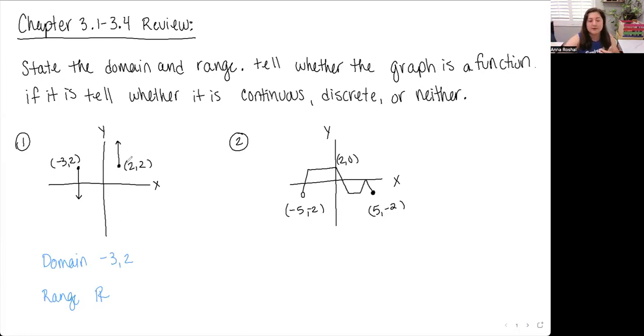The other piece that I know is that they're both kind of at y equals 2. So y equals 2 is going to be another option for my range. Okay. Since it's not a function, I'm not going to tell whether it's continuous or discrete.